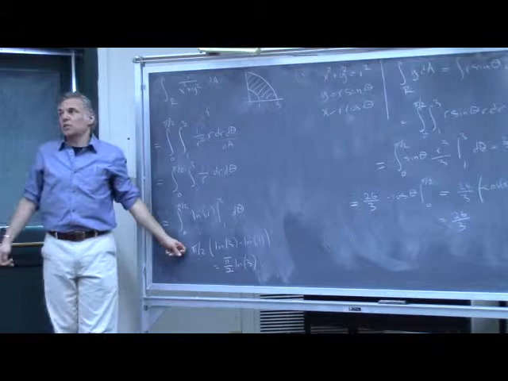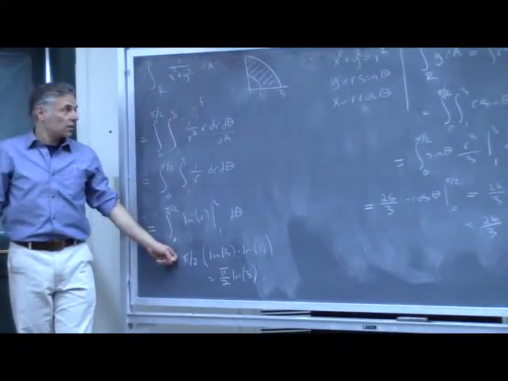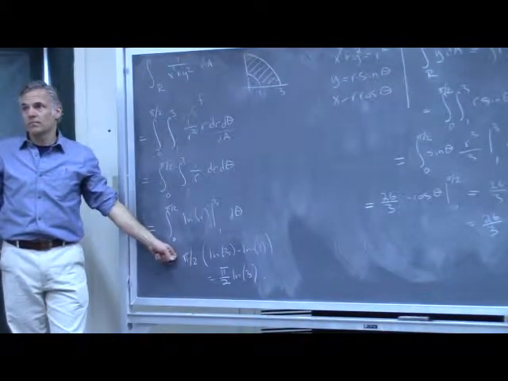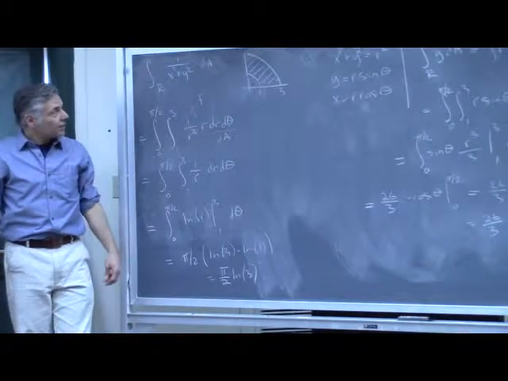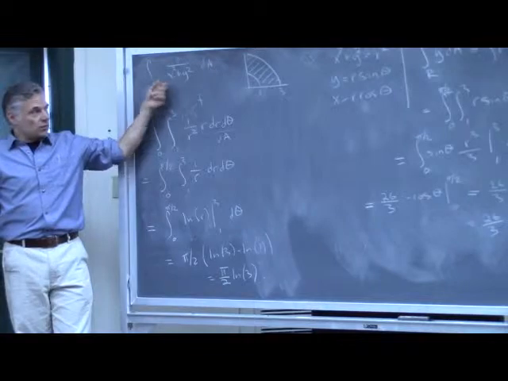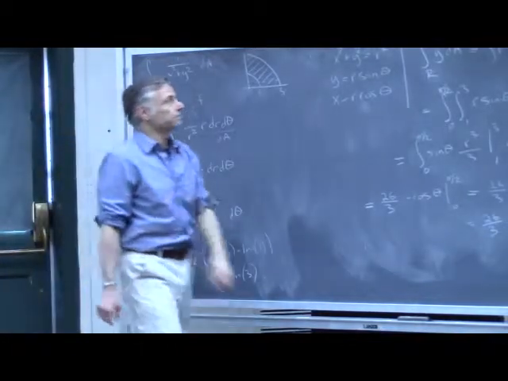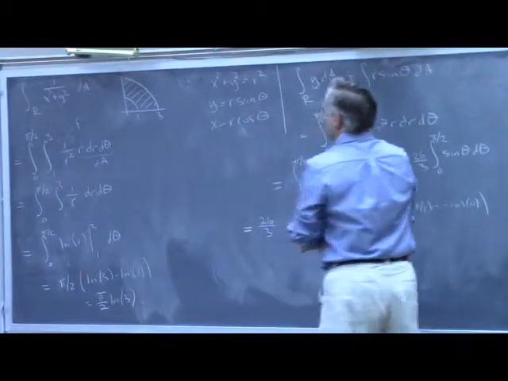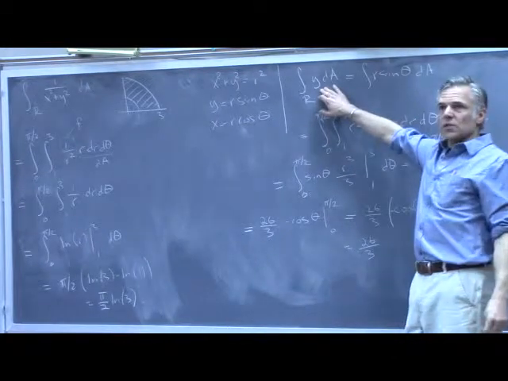So certainly much nicer than trying to do this in Cartesian coordinates. This would be bad news to do in Cartesian coordinates. Now imagine we're trying to integrate just the function y.